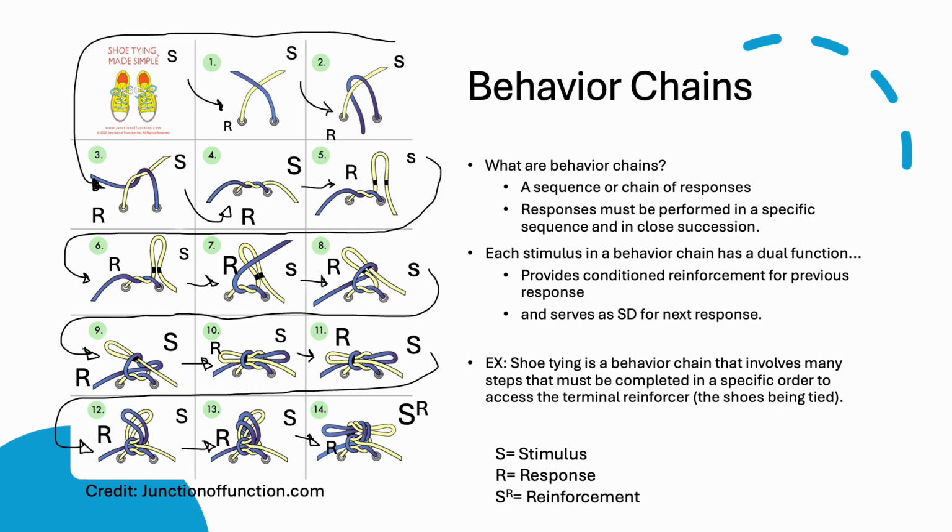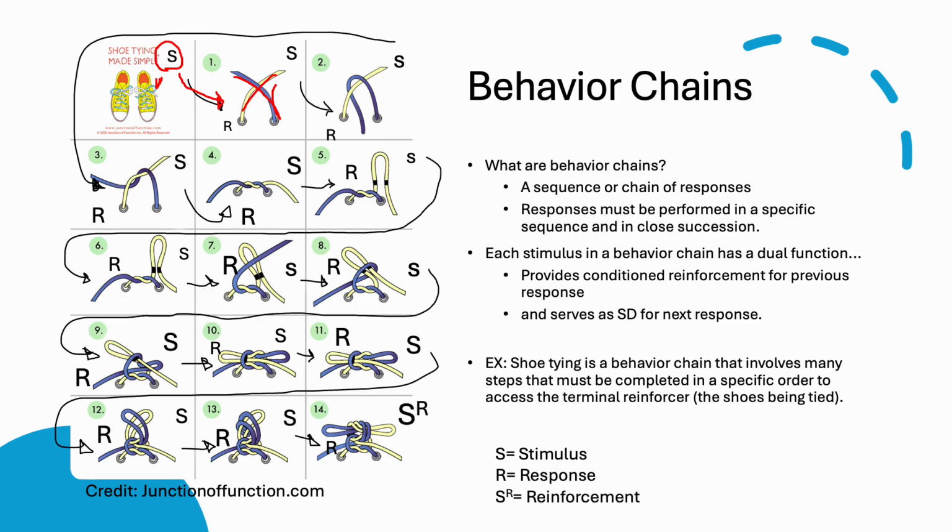So here is that example for you all. Let me actually use the pen. We have our stimulus, which in this case would be the shoes. We see the shoes, and that sets the occasion for us to begin tying our shoes. The first response is that we cross our laces.